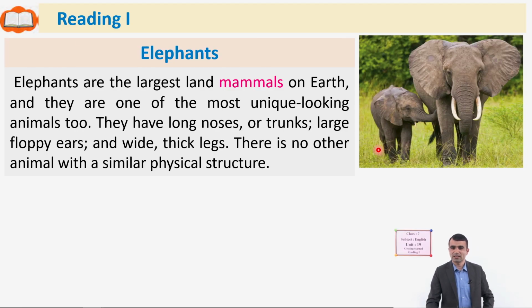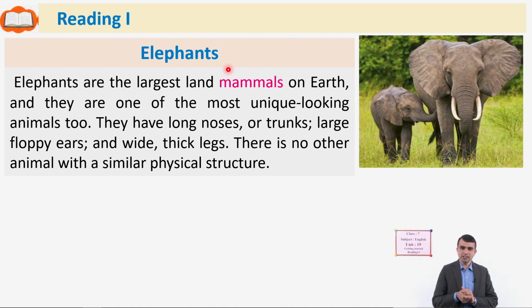Elephants. Can you see the picture? What is it? Elephant. Well, there are 2 elephants, one baby, maybe a calf, and then the mother probably. Big and small. There are 2 elephants. Now Elephants is the title.